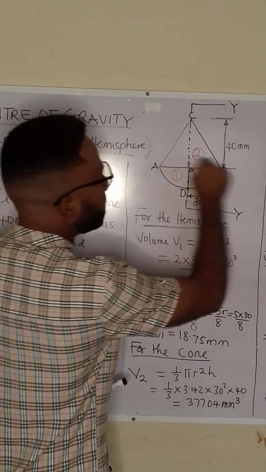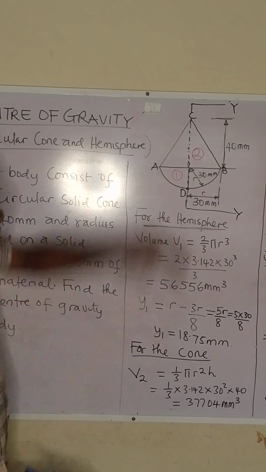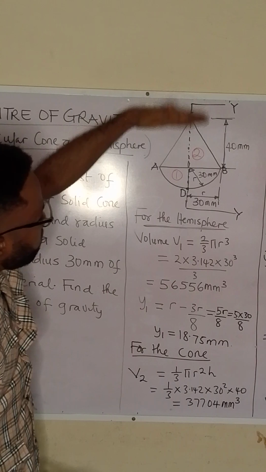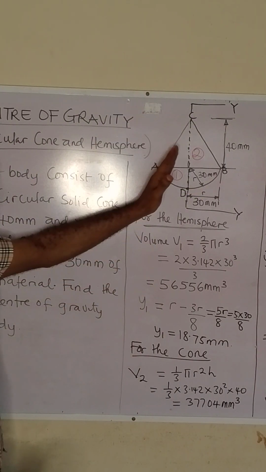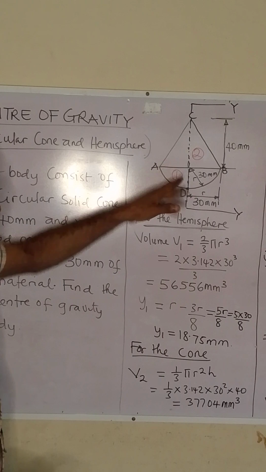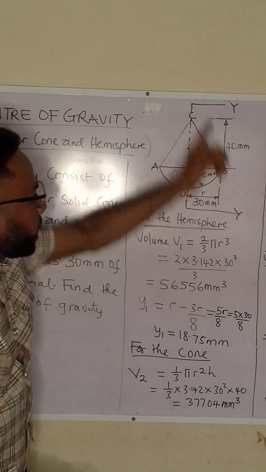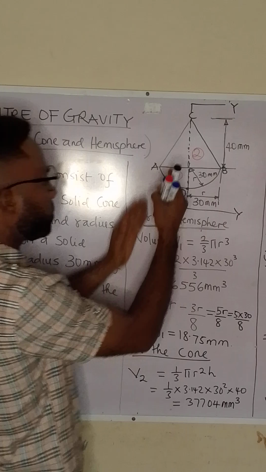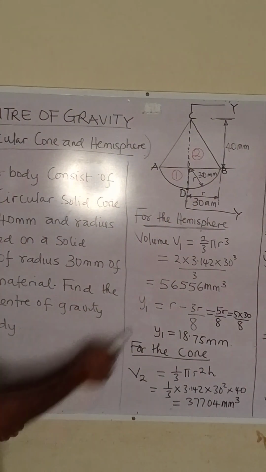But if you cut it into 2 halves, up and down, the shape you have up will be different from the shape downwards. So you cannot say it is symmetrical about x-axis. It is symmetrical about y-axis, because if you cut it into 2, you are going to have the same shape. And so for the y, we use this formula.